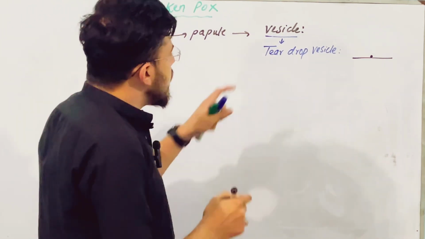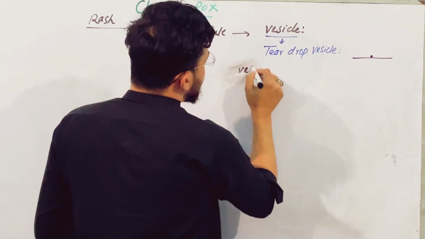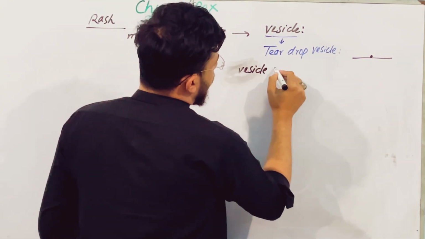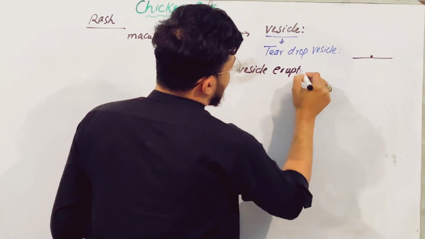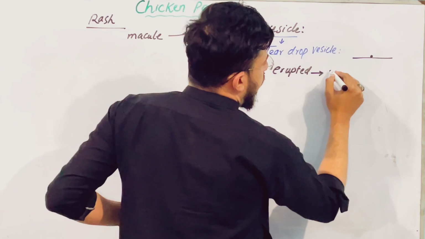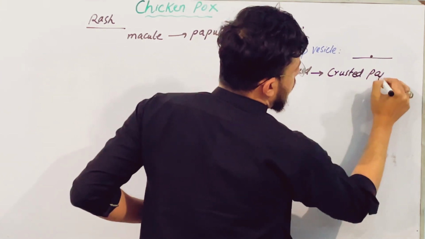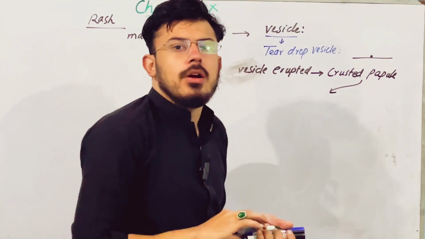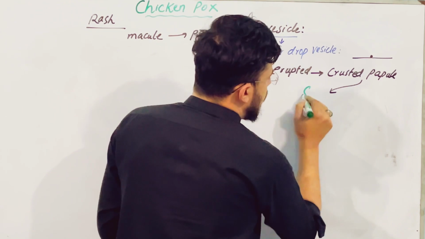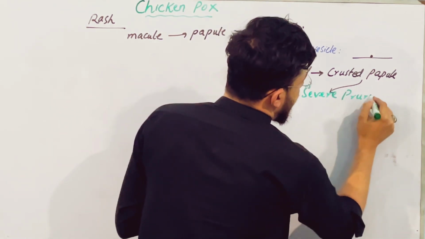Now when these vesicles erupt, what happens? They form crusted papules, and these crusted papules lead to severe pruritus, severe itching.